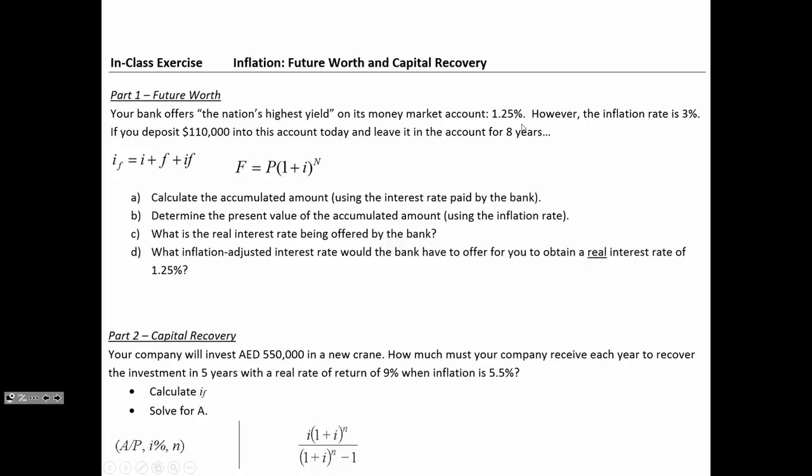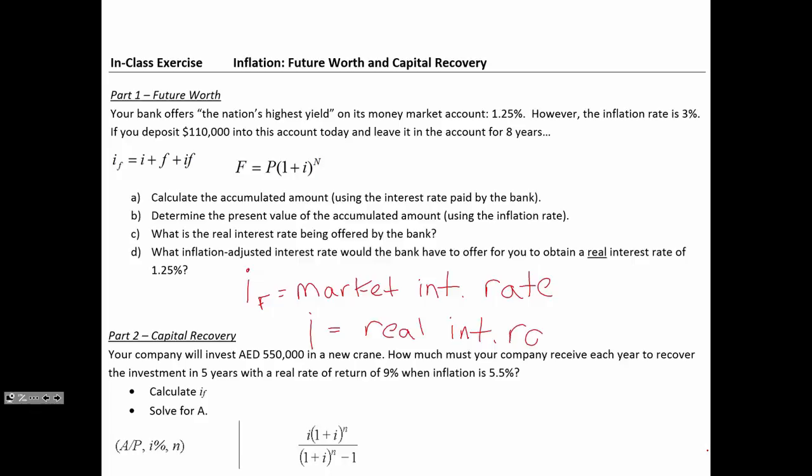The first thing we want to find out is the actual amount of money that's in the account based on the market interest rate. In part B, the present value of that, the real interest rate, and then the amount that we'd have to get from the bank if we wanted a real interest rate of 1.25% instead of just the market interest rate being 1.25%.